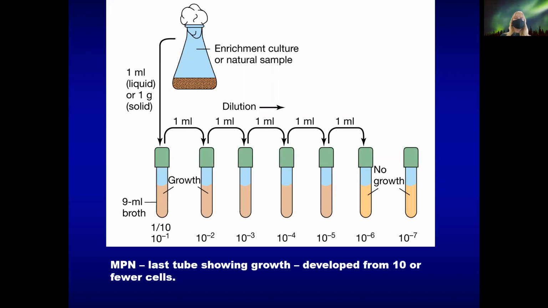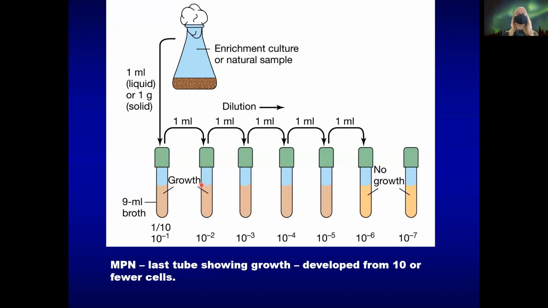So serial dilution, the most probable number is a serial dilution idea. So that's what they're showing here. You have your sample that you add, so say it's a soil sample that you popped into some broth and you're growing it up, and then what you do is add 1 mil into the first tube, and it's usually 9 mils into all these tubes.